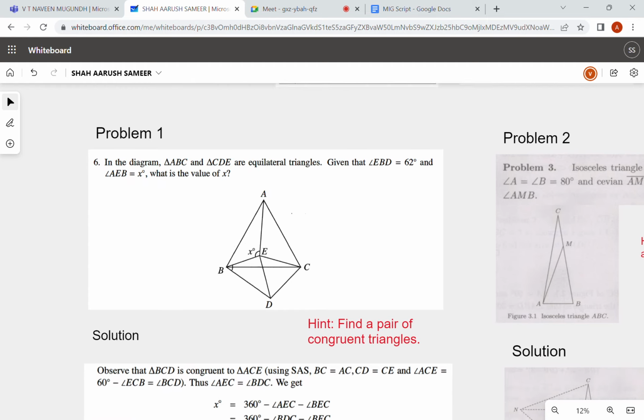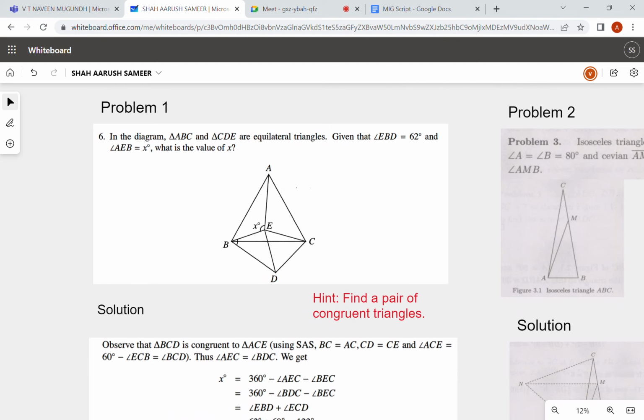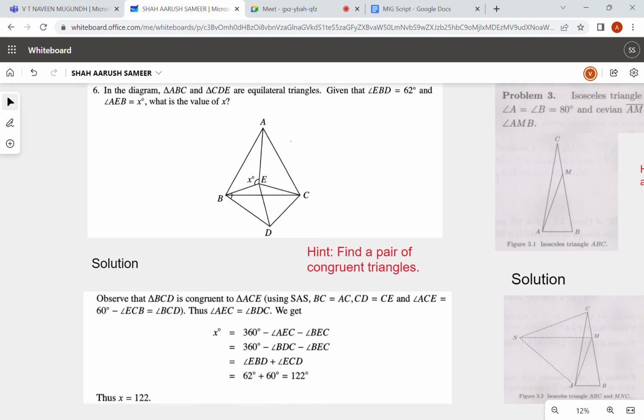So we can observe that triangle BCD is congruent to triangle ACE using SAS as BC equal to AC, CD equal to CE, and angle ACE equal to 60 degrees minus ECB equal to BCD. So this is the SAS test that I covered earlier. Thus, we get that angle AEC is equal to angle BDC.